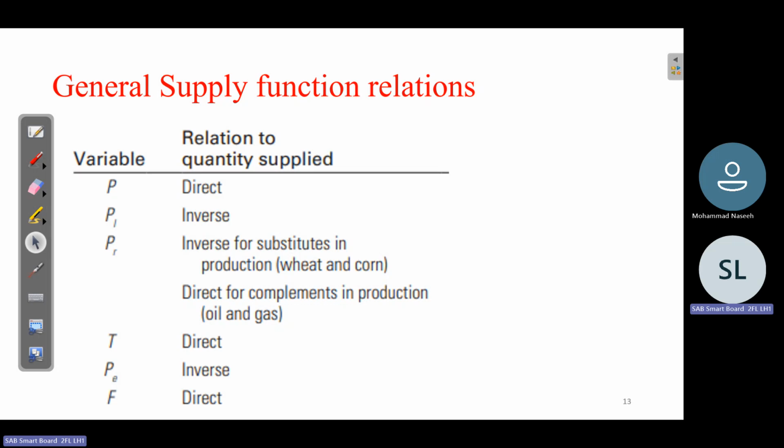So, what are substitutes? What are the consequences? That is the idea behind it.